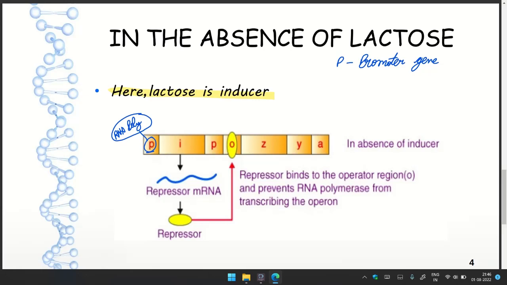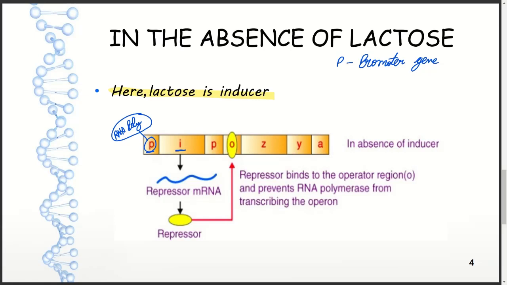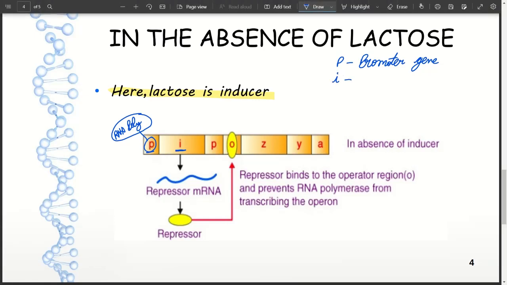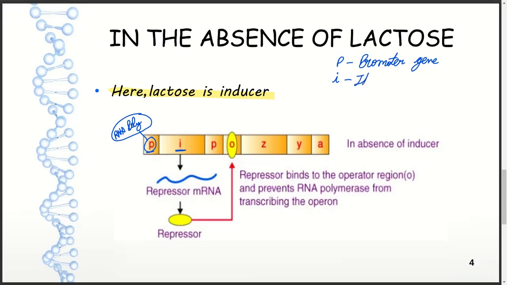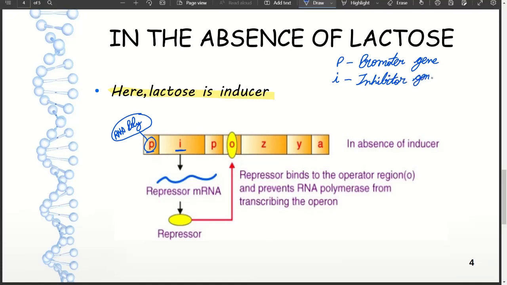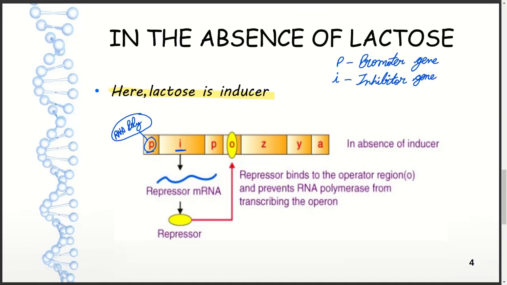So our next one here is I. So what is I here? Here our I is the inhibitor gene, Ig, and this is going to synthesize an accessory protein.